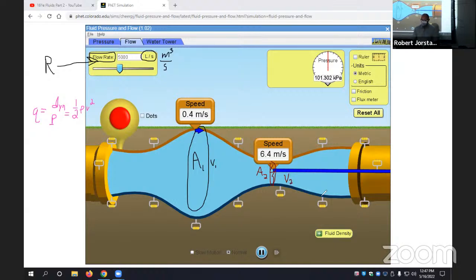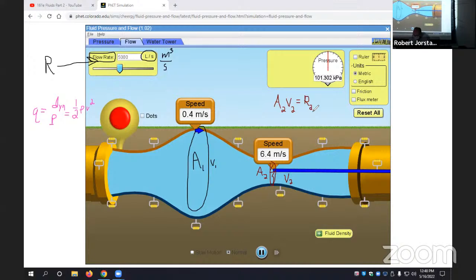Both of these need to have the same amount of fluid flowing through them per second, but the speed can be different. They need the same meters cubed per second. What are the units of A1 times V1? Or A2 times V2? Check the units. Meters cubed over second. Yeah, that's the flow rate.